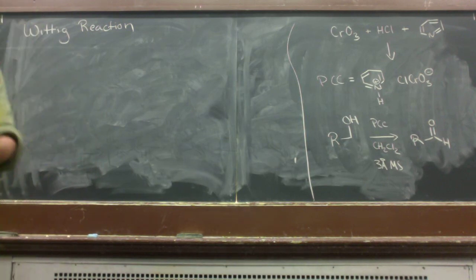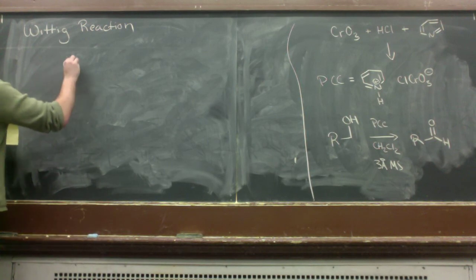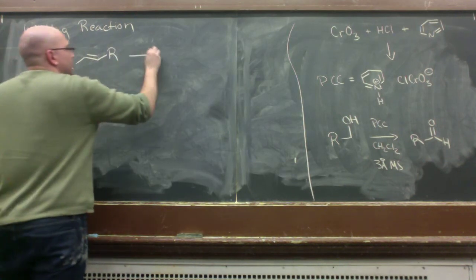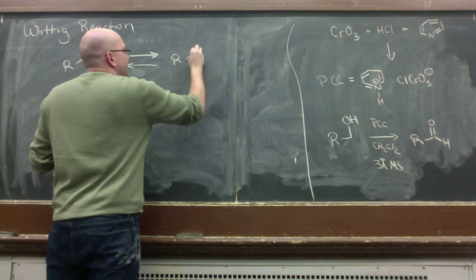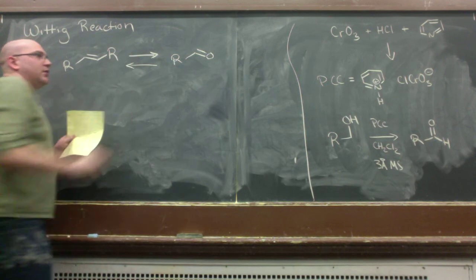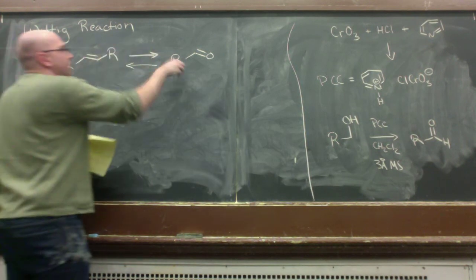And so understanding what types of reactions are available to go in different directions from given compounds can be important. We know previously that if we take alkenes and we want to generate carbonyls, how do we do that? Ozonolysis.